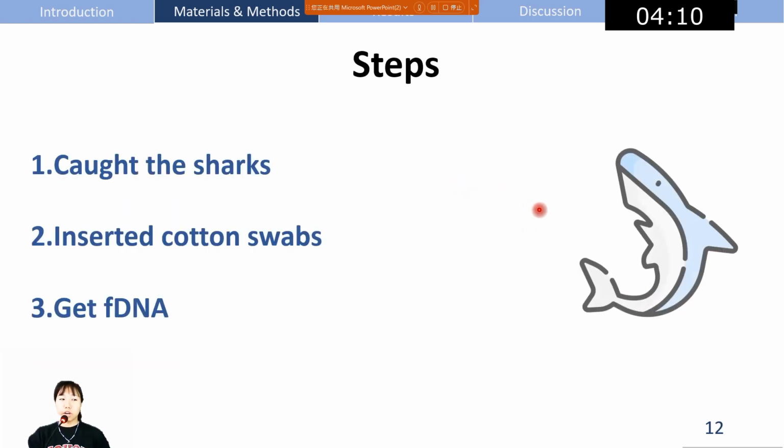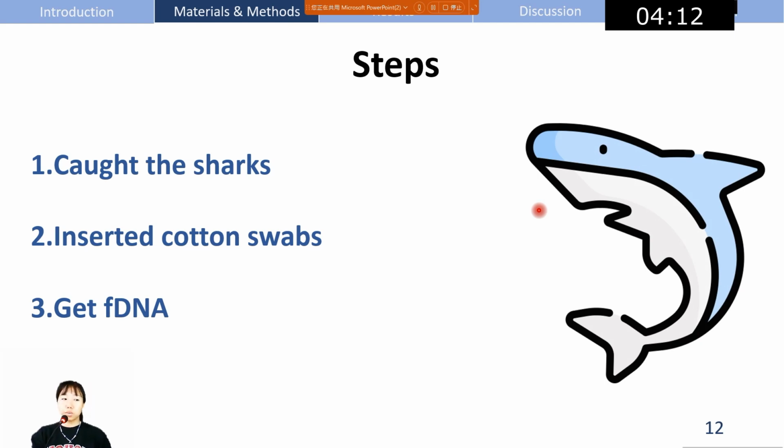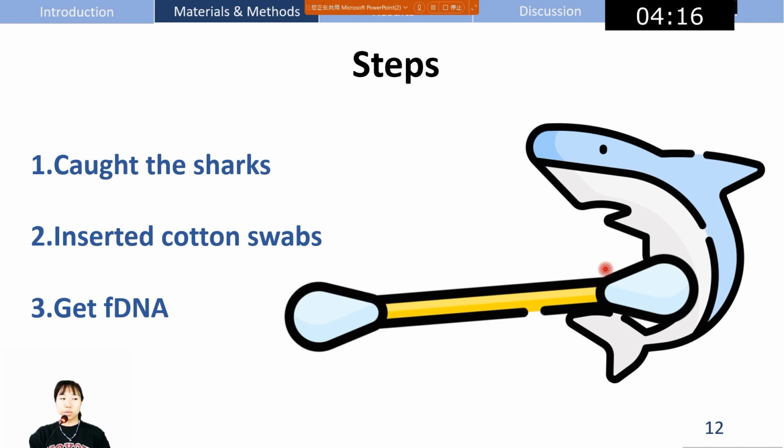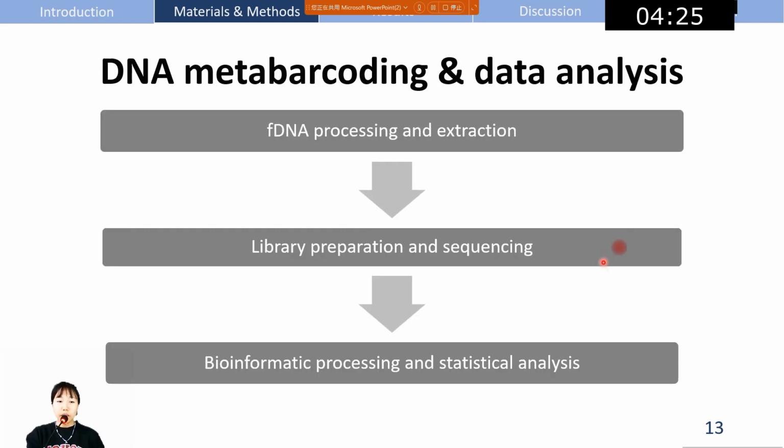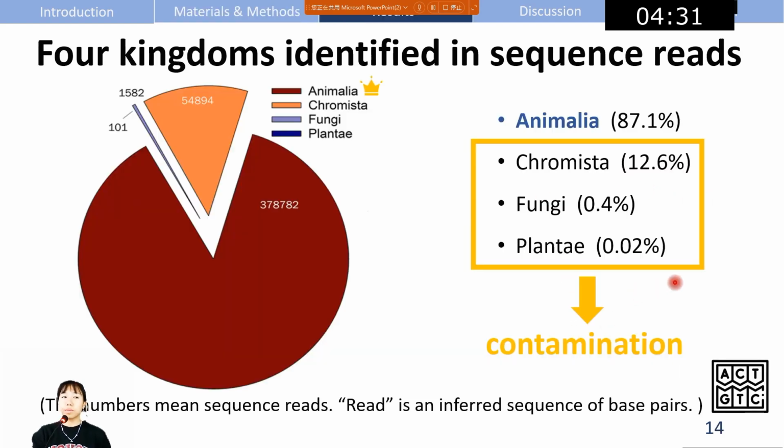After they catch the shark, they use the cotton swab to insert into the cloaca, and they can get the fecal DNA. Then they do the experiments with the following steps in the laboratory.